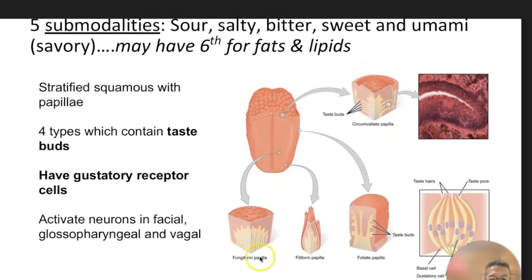Okay, if you look in the mirror, you see like a weird area. These are called papillae. And they've got taste buds. They've got gustatory receptors, which again are chemoreceptors, activated by the glossopharyngeal nerve, the vagus nerve, and the facial nerve.